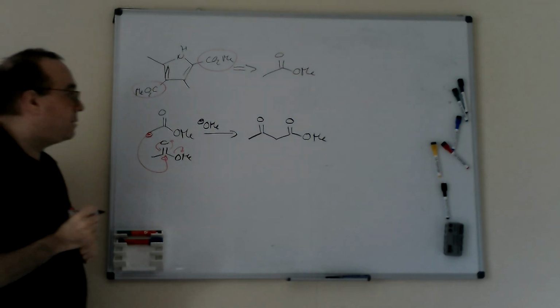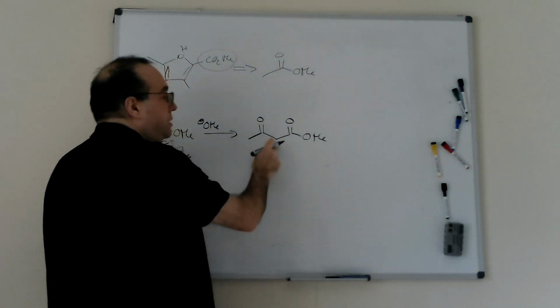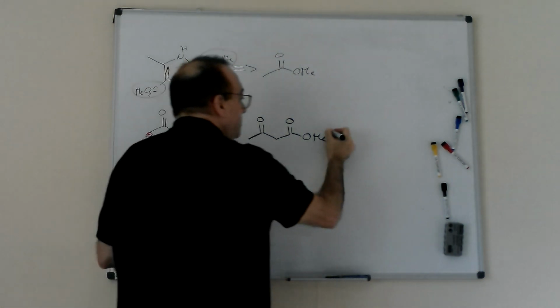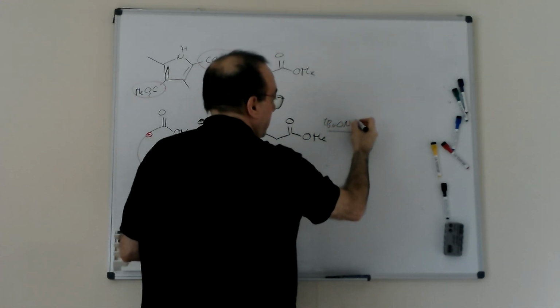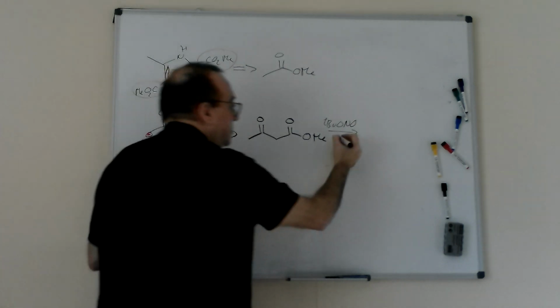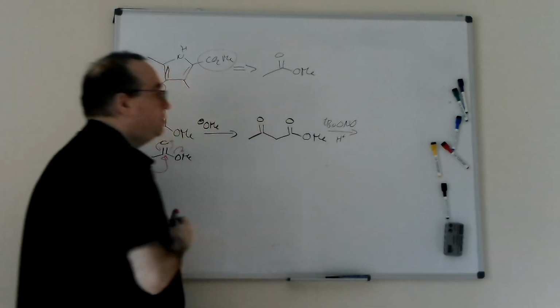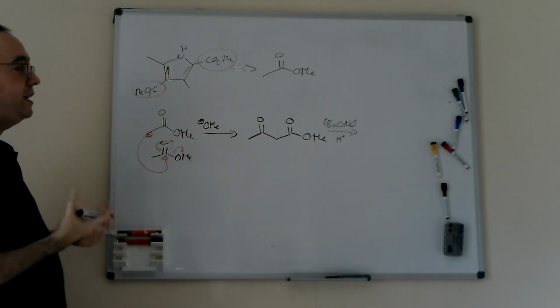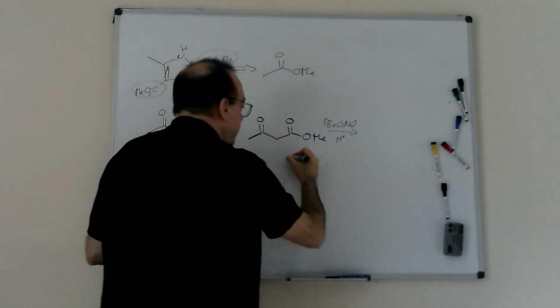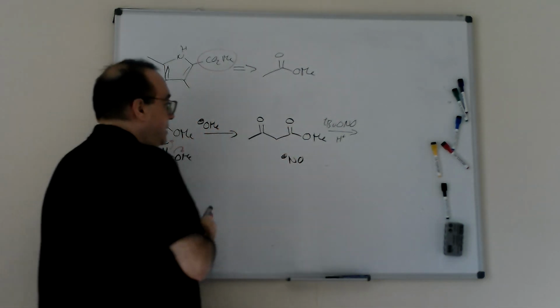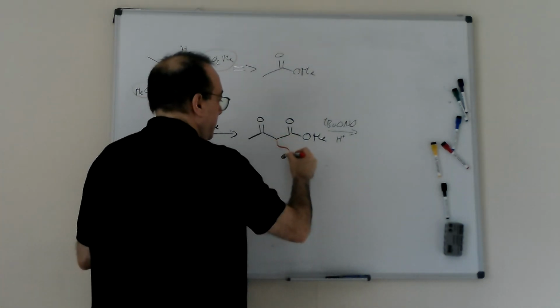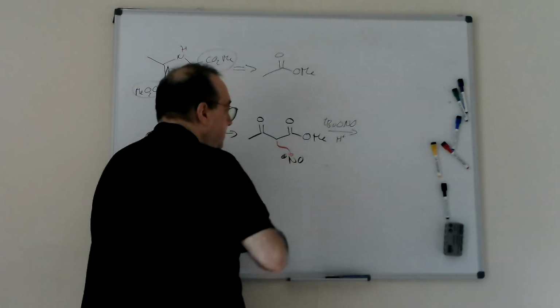Then this 1,3-dicarbonyl compound, I have to put a hydroxide here, what I use. I can use this compound to generate a nitroso compound. This basically generates a nitroso compound, and then this attacks here.